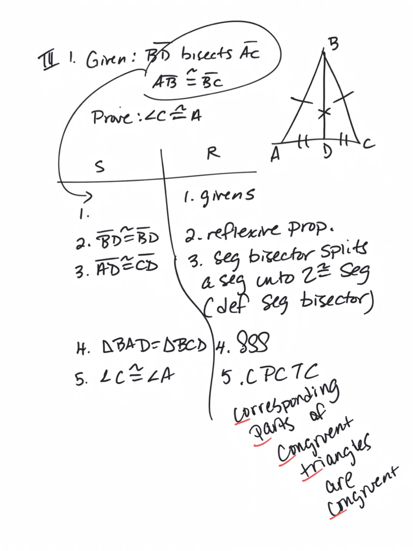Okay, let's take a look at the very last question on the test. Number 3, we were given BD bisects AC, and AB is congruent to, oh, I just started copying number 2.